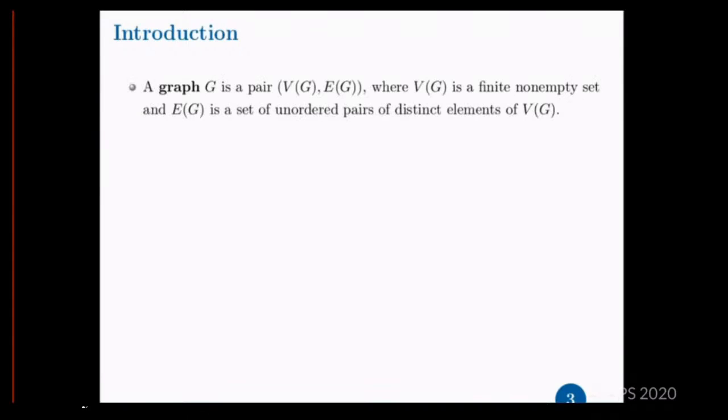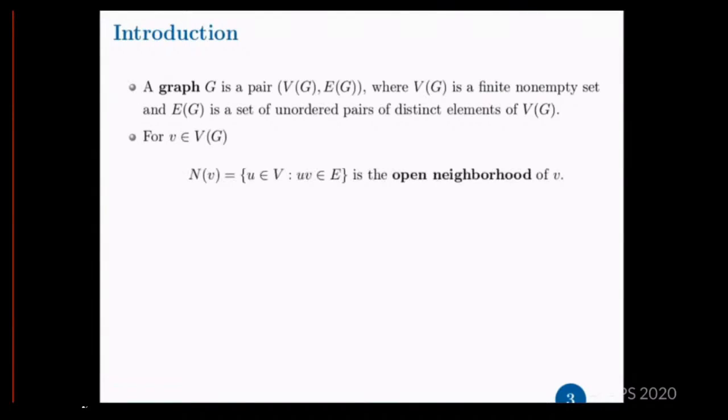Starting with the introduction, I would like to begin with the definition of a graph. A graph G is a pair (V(G), E(G)) where V(G) is a finite non-empty set whose members are called vertices, and E(G) is a set of unordered pairs of distinct elements of V(G), whose elements we call edges.